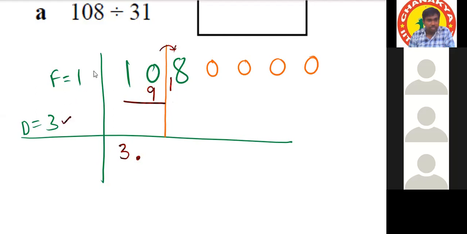Divisor multiplication is over. Now coming to the flag multiplication. 1 three is 3. 18 minus 3 is how much? Sir, 15. In 15, how many times will 3 go? 5 times. But if you take 5 times, some problem will come. 3 fives are 15.